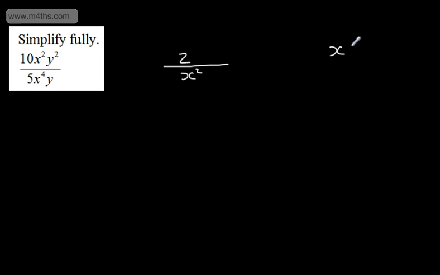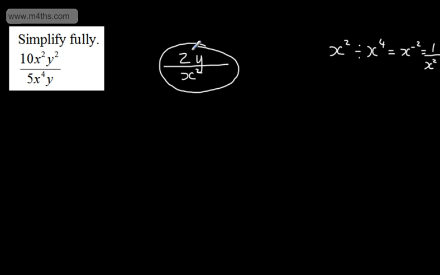If you want to think about that now as the following, if we have x squared divided by x to the power of 4, we subtract the powers, which gives us x to the minus 2, which is 1 over x squared. Entirely up to you on how you want to view that. y squared divided by y will simply give me y. So this is fully simplified. It's 2y over x squared.